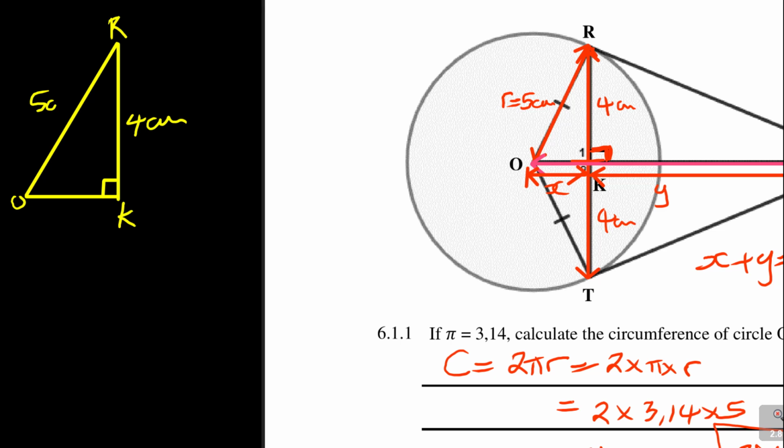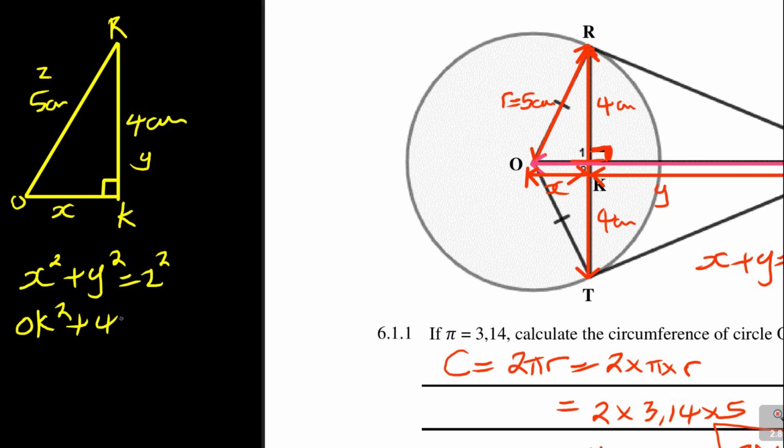This is 5 centimeters. Now we want to find OK, which is your X. With Pythagoras, if this is X, this becomes your Y, and this becomes your Z. The theorem of Pythagoras is X squared plus Y squared is equal to Z squared. So OK squared plus 4 squared is equal to 5 squared.